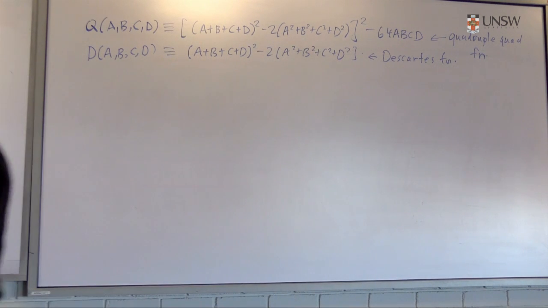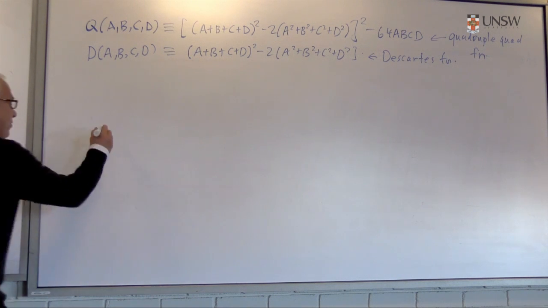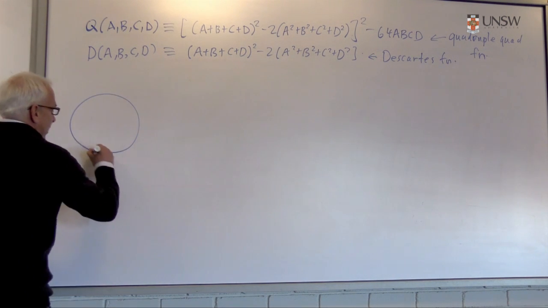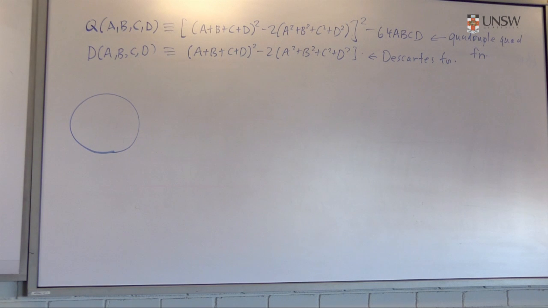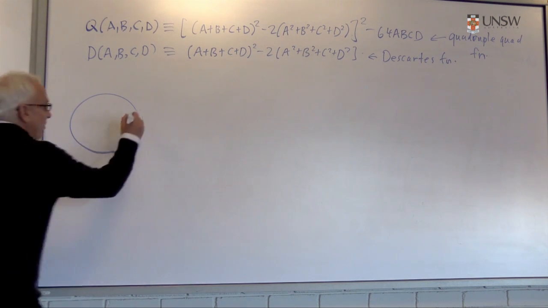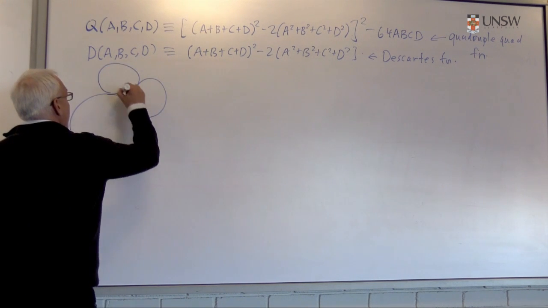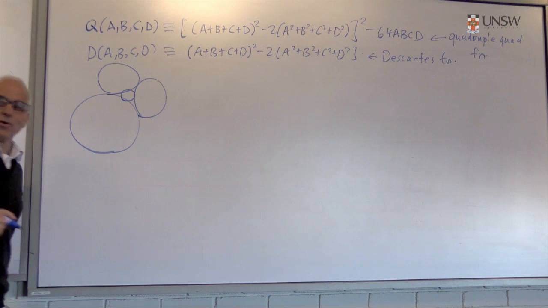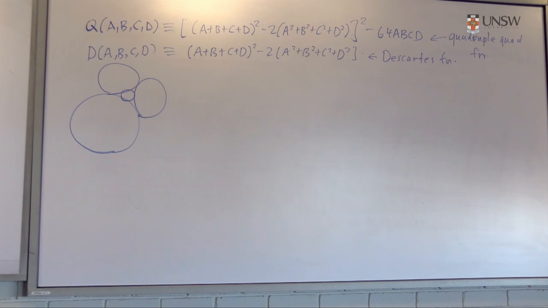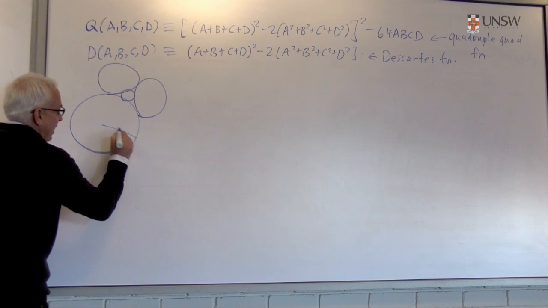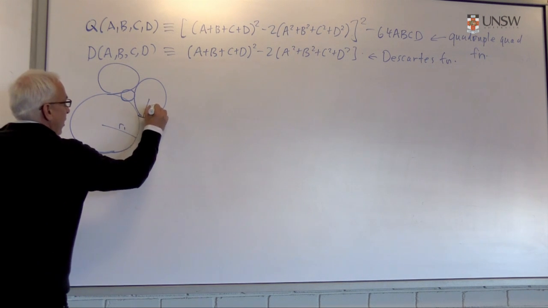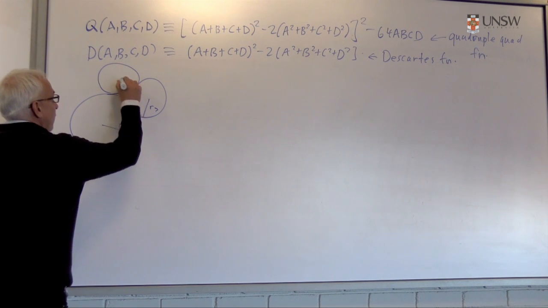Why Descartes' function? Because Descartes was considering the problem of Apollonius, which is about when you can position a fourth circle tangent to 3 others. In the special case when you have 4 mutually tangent circles, he said, okay, let's look at these radii, R1, R2, R3, and R4.